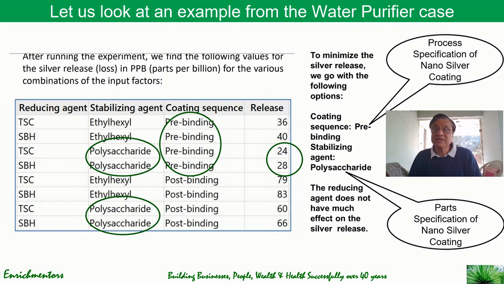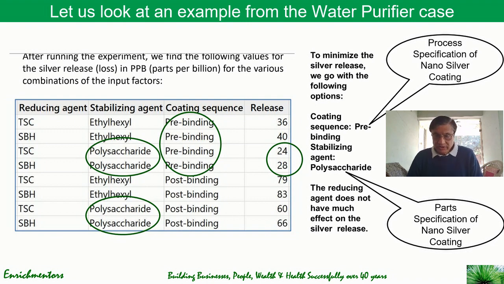So our part specifications for nano silver coating start becoming like the stabilizing agent is definitely a preferred polysaccharide. It should be polysaccharide. That becomes the stabilizing agent. Whereas on the reducing agent, you have two possible options of the specification of the materials, right? So that's how you start developing the specifications.